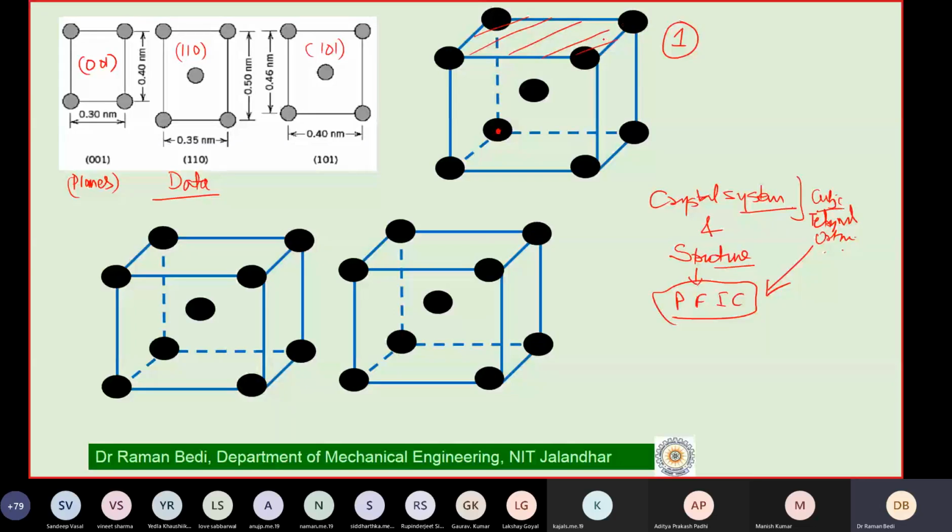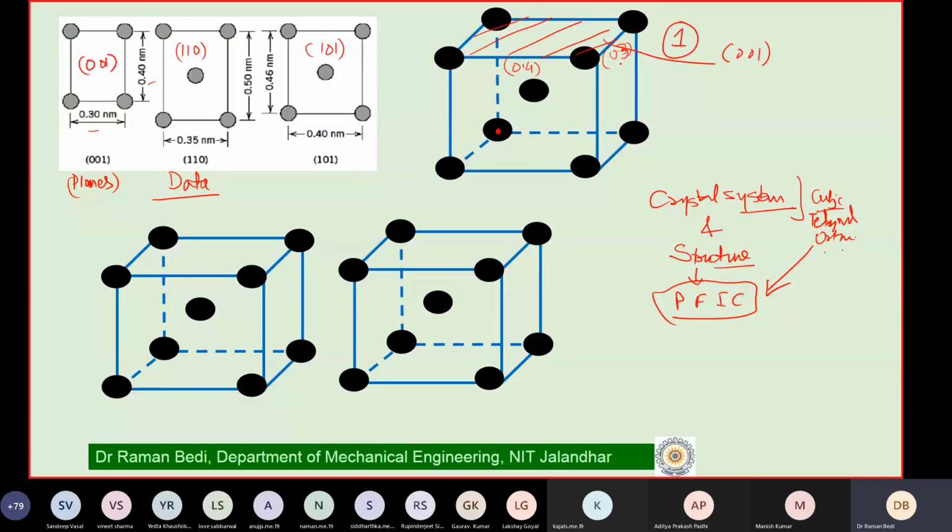Because now this will be what you refer to as your 0, 0, 1 plane. And the dimensions of this are shown to you. Can you see that? Yes, sir. It is shown 0.30 nanometer. Yes, 0.30 and 0.40. So you can mark any of them here. Let's say I mark this as 0.4 nanometers, and this side I mark as 0.3 nanometers.